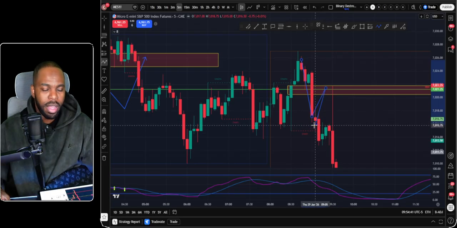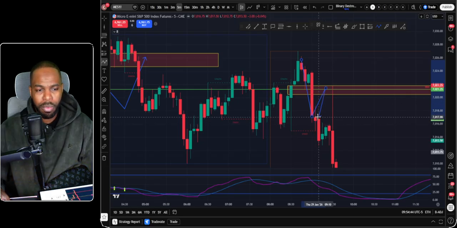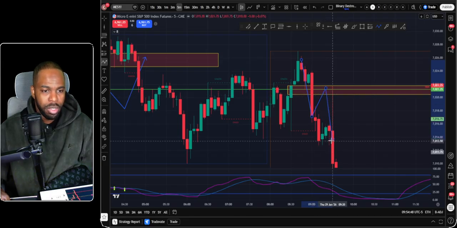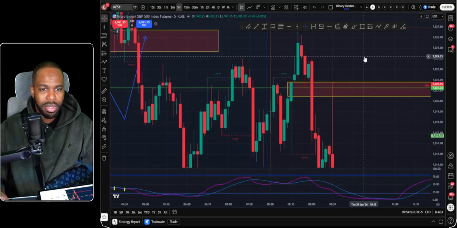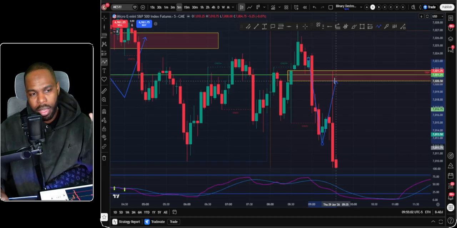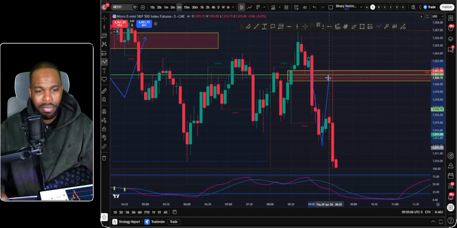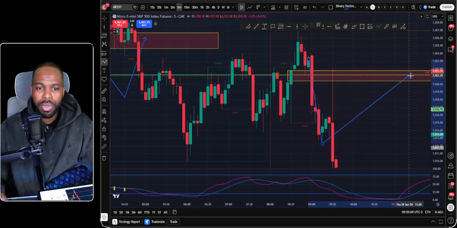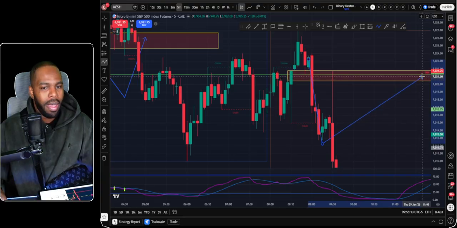What I like to do sometimes is wait for price to pull back into that inversion fair value gap to take the trades. And in this case, as you can see, price did this. It came down here and spiked all the way back up into this inversion fair value gap. And not only that, it also pulled into the previous day's value area high.